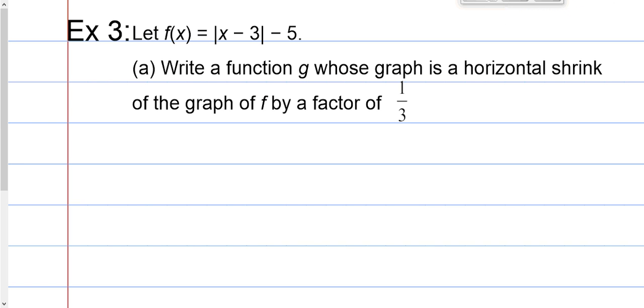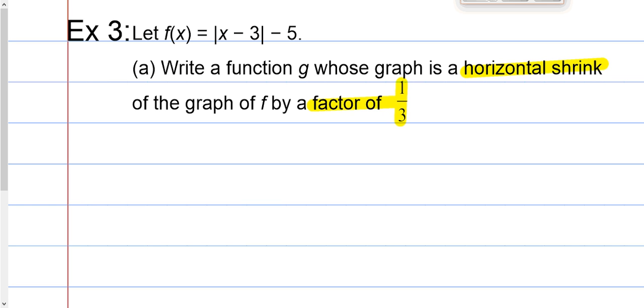Let's look here at example 3. So here we have problem A. Write a function g whose graph is a horizontal shrink of the graph of f by a factor of 1/3. So let's make sure we make note of that.